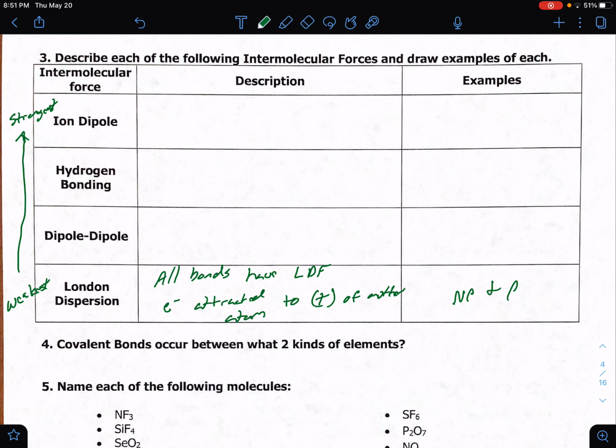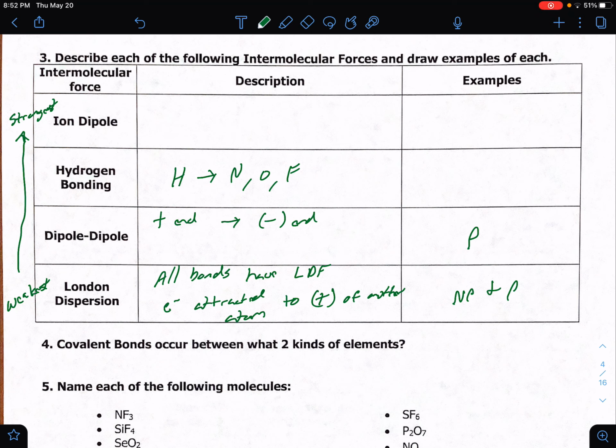Dipole is when the positive end of one molecule is attracted to the negative end of another molecule, and this happens in polar molecules only. You have to have those positive or negative poles in order to have a dipole bond. Hydrogen bond, this is simple. Remember, if you have hydrogen bonded to N, O, or F, that makes it a hydrogen bond.